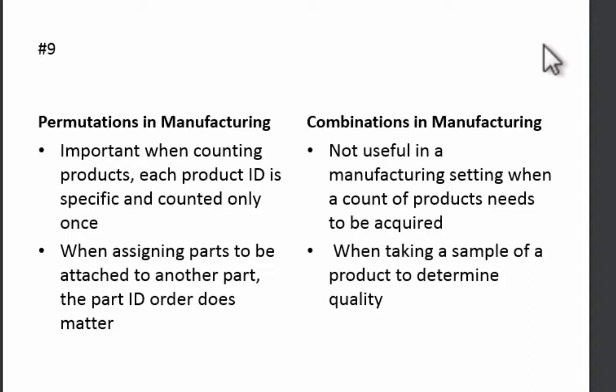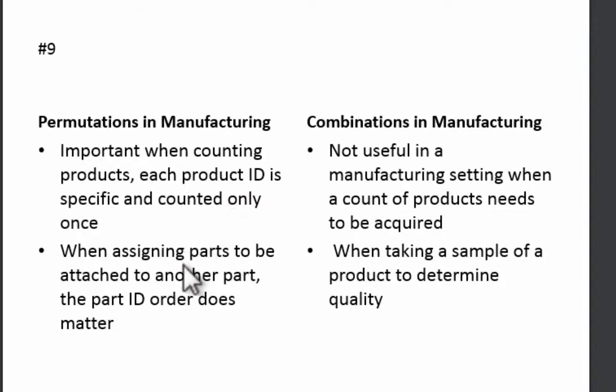You don't want multiple product IDs to be treated like combinations with different arrangements of the numbers, because it would count the different products as one product instead of two separate products.